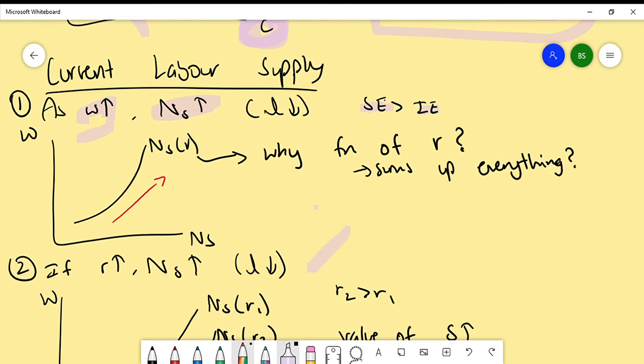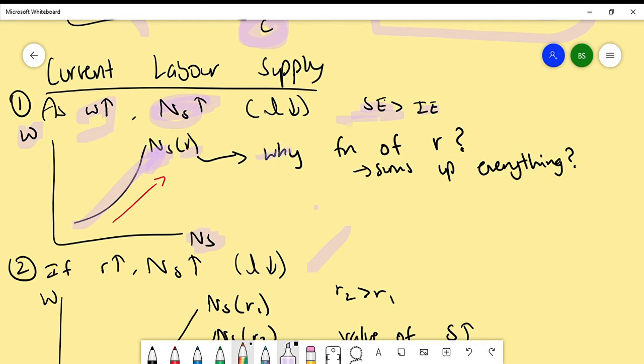There's a big lag. Anyway, if the wage is higher, I could earn more money if I worked more, so I would want to work more. Substitution effect. So if we plot wage and labor supply, it would be an upward curve.